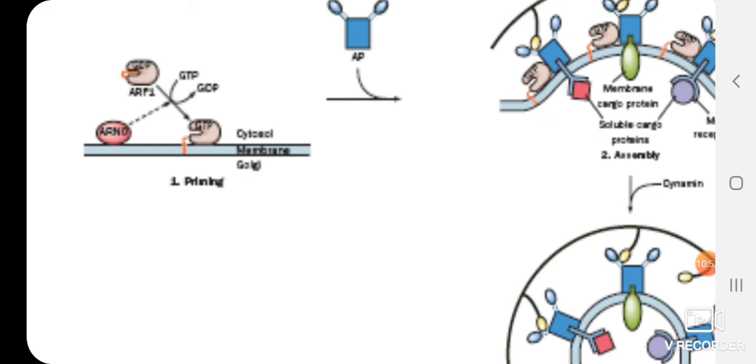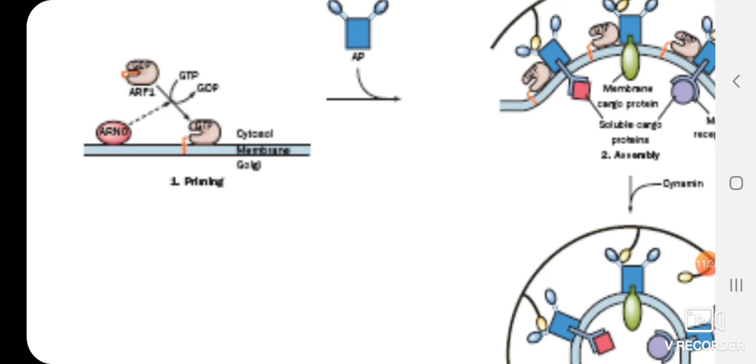But with the exchange of nucleotide, this hydrophobic chain will get released, and now it will get hooked up or inserted itself into the target membrane, or the membrane at which the vesicle formation is needed, and this whole process is called priming.